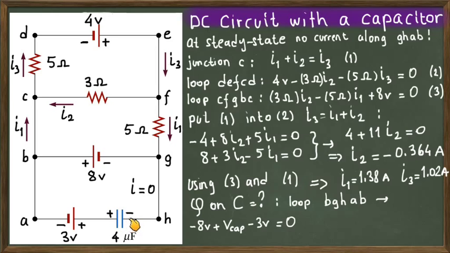So you are crossing from minus to plus. That means you add the potential difference between the minus and plus terminals. This is a positive quantity because you are crossing a capacitance from minus to plus.